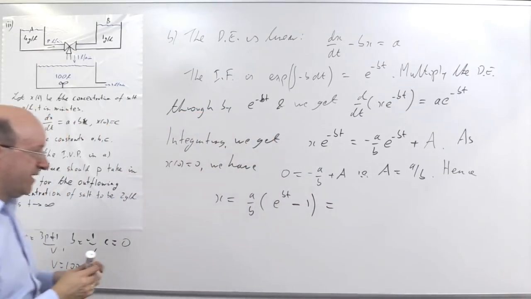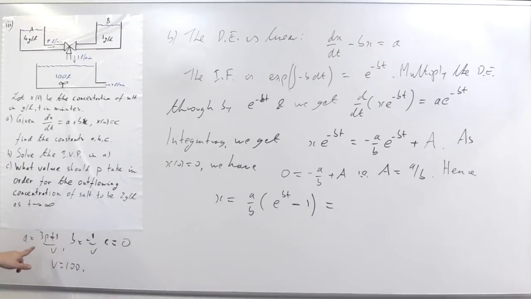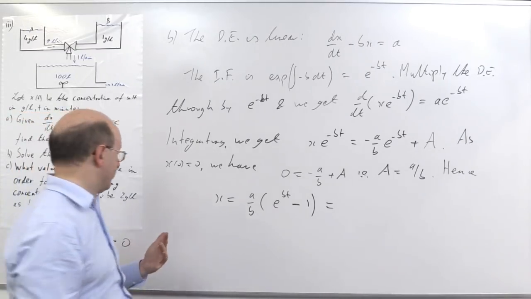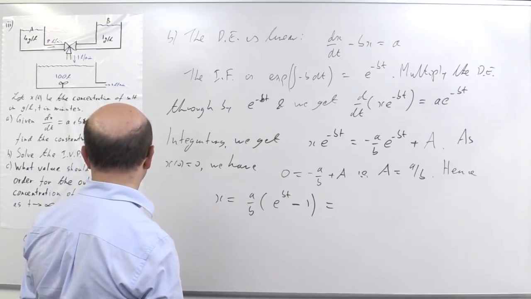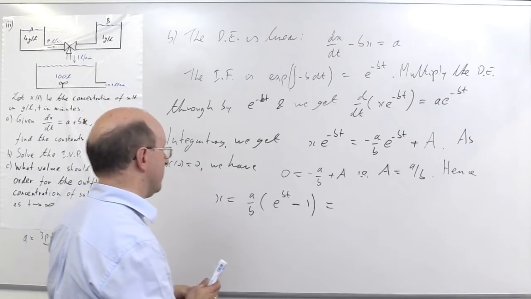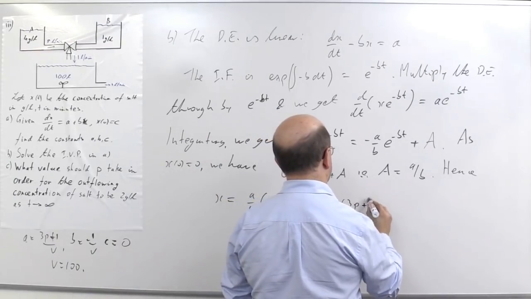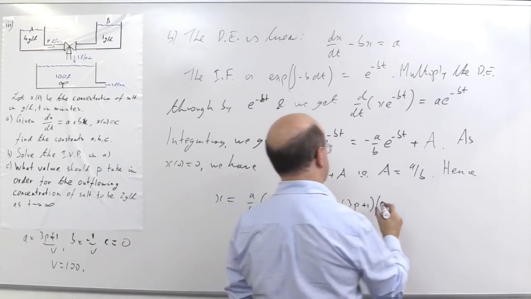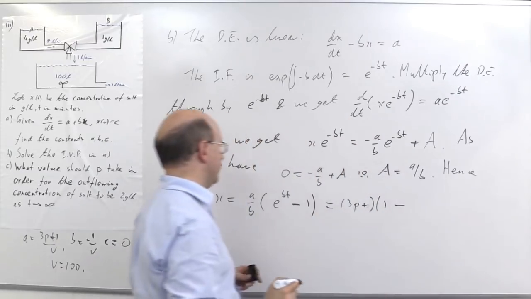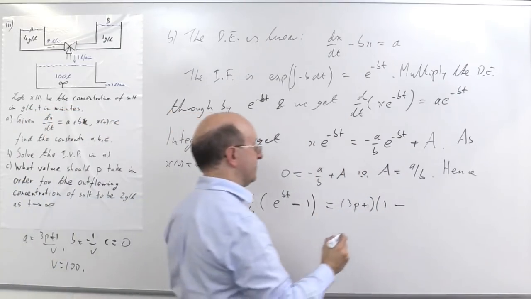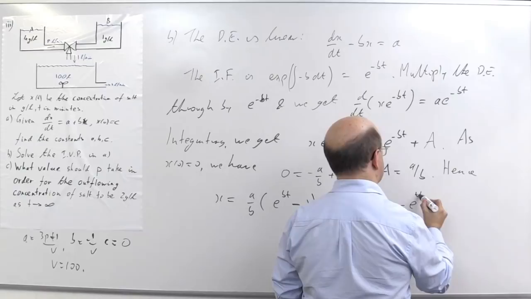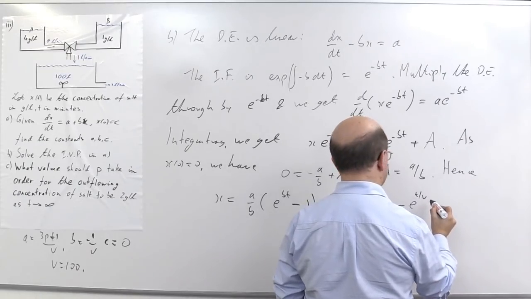And if we now put in our values for A and B, the 1 upon B's cancel themselves off conveniently, and A over B is actually negative, it's minus 3p plus 1, so that's 3p plus 1, flip those over the other way around, 1 minus, and B is negative, so it's e to the minus t over b, or t over 100 if you want.